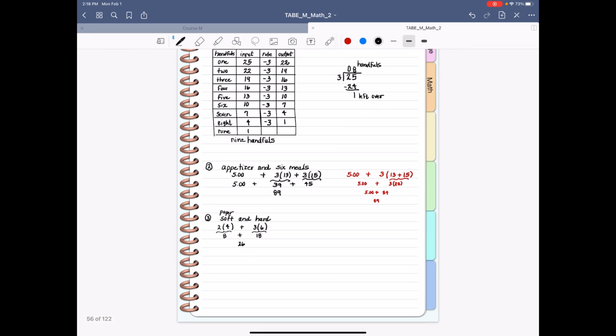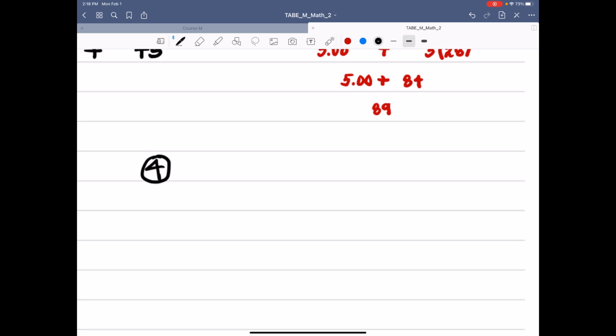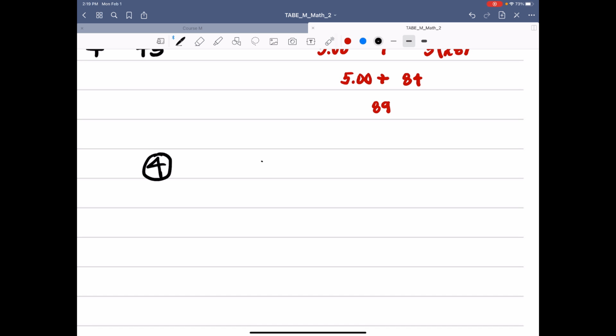So I'm going to look at the cards that William has, plus the cards that William buys. And then I'm going to divide all those cards into sheets that each hold 9. So this is essentially what I'm doing.